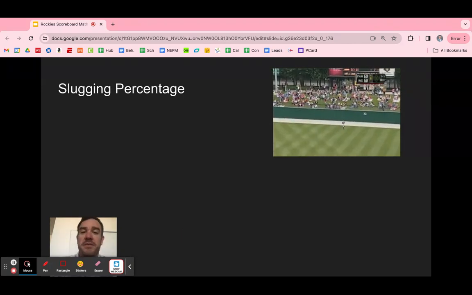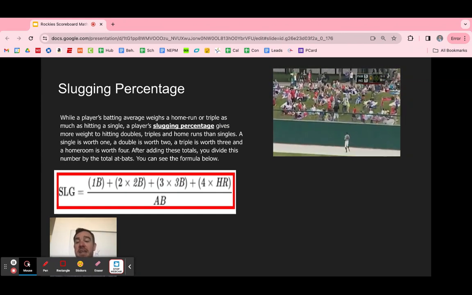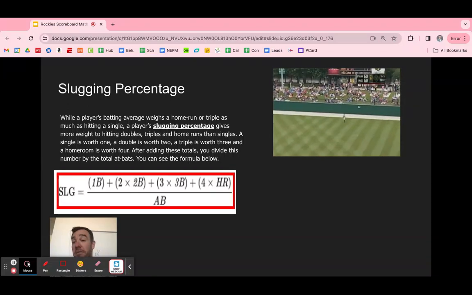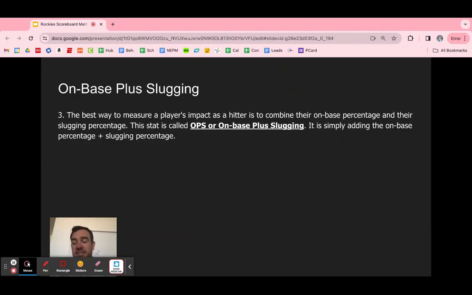We talked about slugging percentage, calculating a player's ability to hit the ball a little bit further. There's another statistic which is simply adding them together, on base plus slugging, and this really is the best metric to get an understanding of a positional player's total value when it comes to hitting. So on base plus slugging simply adds their on base percentage plus their slugging percentage.